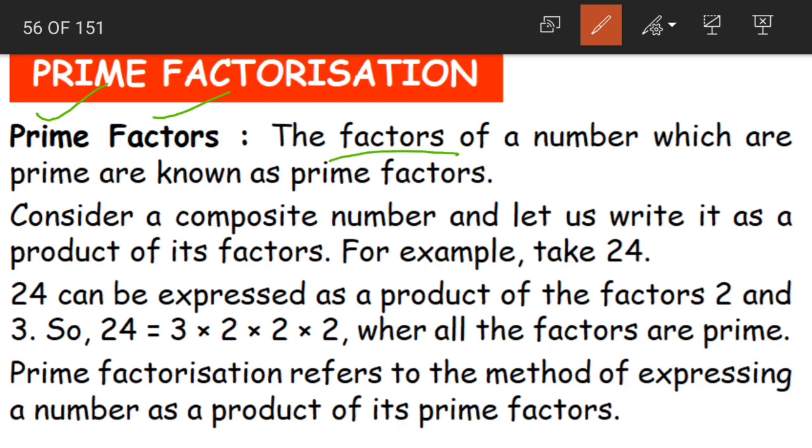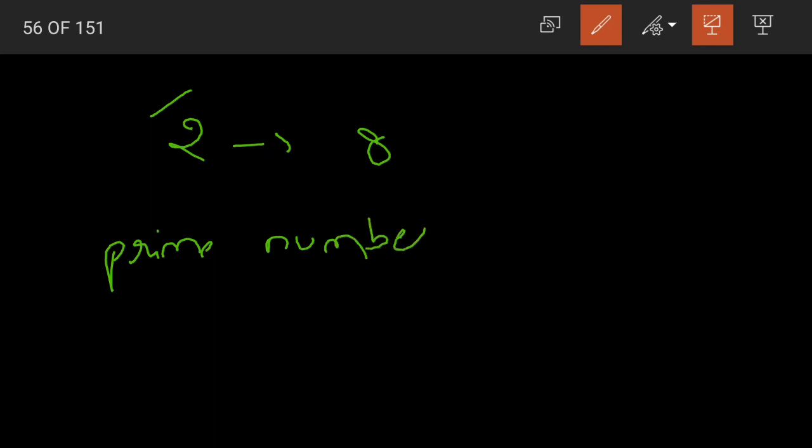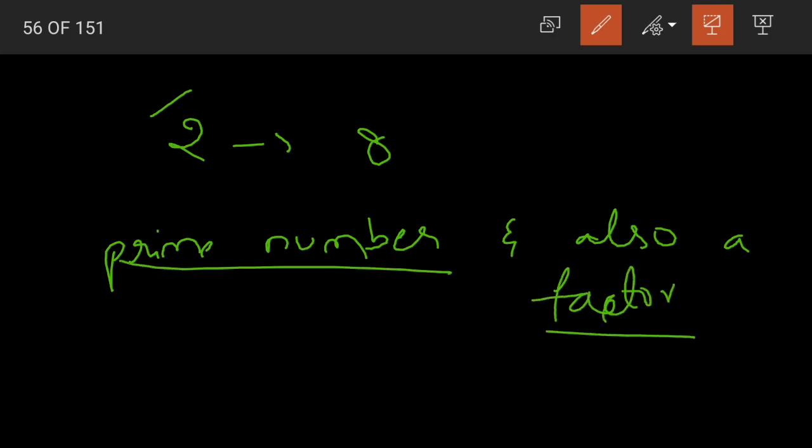So the factors of a number which are prime, just now 2 was a factor of 8. Yes, and 2 is also a prime number. It is a prime number and also a factor. So combinedly we call it a prime factor of 8.